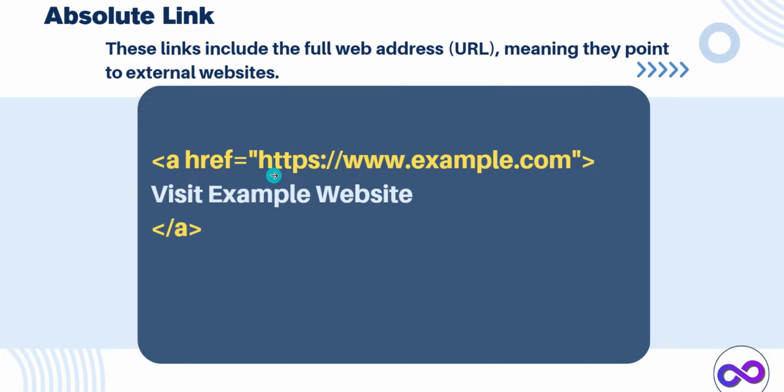The HTTPS is a protocol. That means Hypertext Transfer Protocol Secure, with the S. The www.example.com is the domain name of the external site. We use absolute links when we direct users outside of our own website.